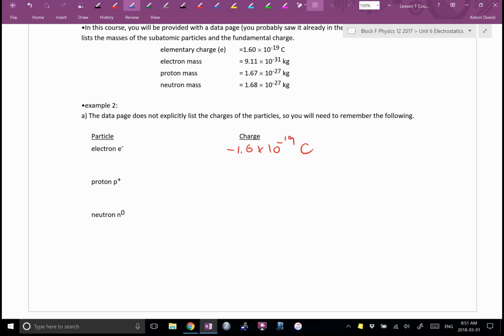If I was a good teacher, I'd have a dumb way for you to remember that a proton is positive. If I was a better physics teacher, I'd have something stupid that you could easily remember. I got nothing, so you have to come up with something on your own. A proton is 1.6 times 10 to the negative 19 coulombs. And a neutron, no charge.